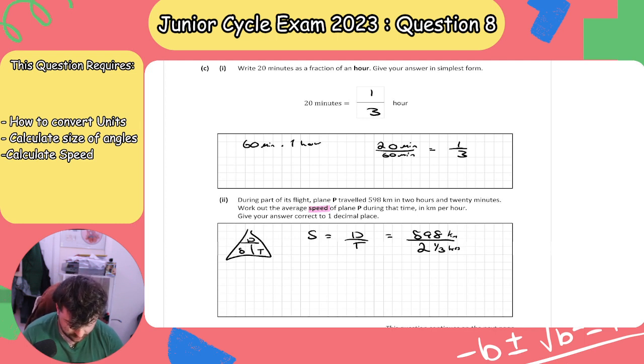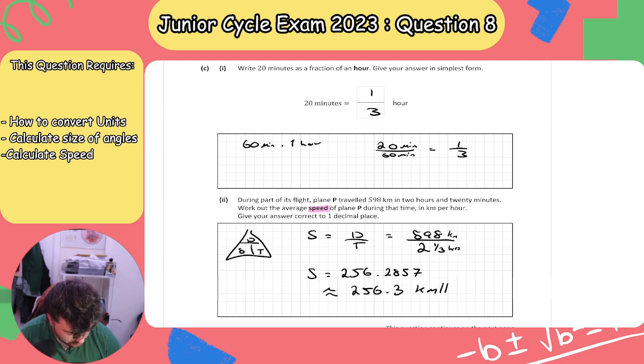So let me do this now. 598 over 7/3. So give your answer correct to one decimal place. The speed is going to be 256.2857, but it says to one decimal place, so 256.3 kilometers per hour.